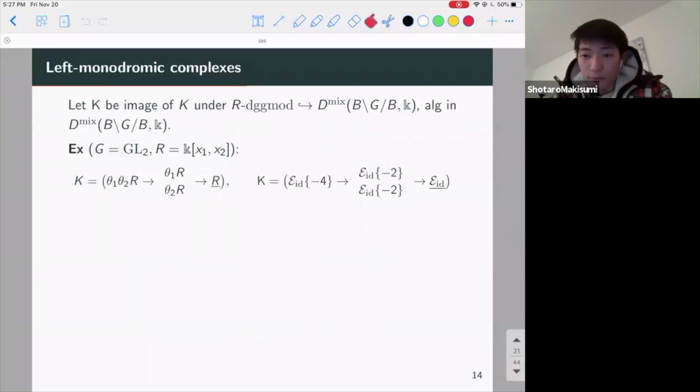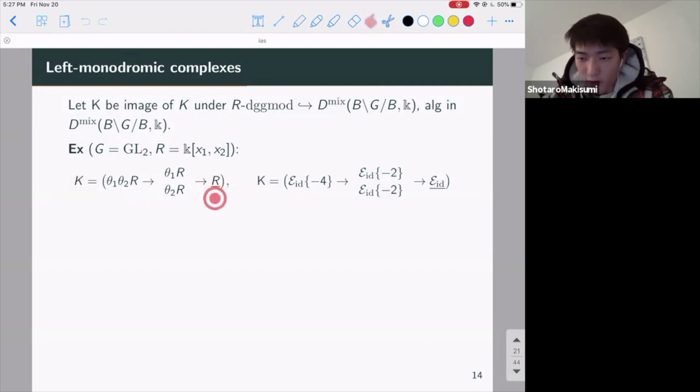Okay, so let me take the example of GL2. So in this case, R is a polynomial ring in 2 variables, x1 and x2. And the Koszul complex K is a 3-term complex like this.